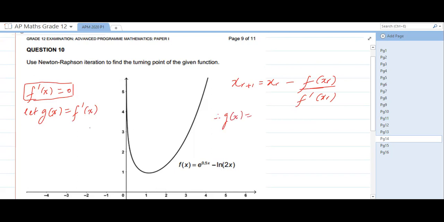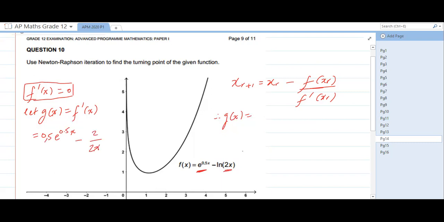So therefore g of x is now equal to f prime x. We find the derivative of e to the power 0.5x, which is 0.5 e to the power 0.5x, minus the derivative of ln 2x. The ln falls away, the 2x goes to the denominator, and the derivative of the argument goes on top, which is 2.